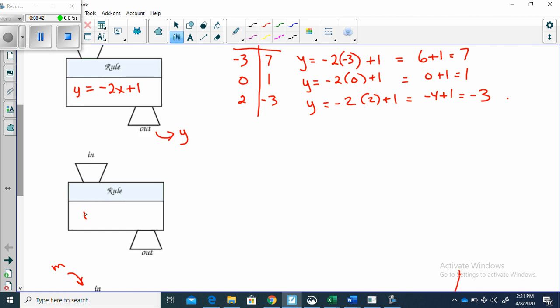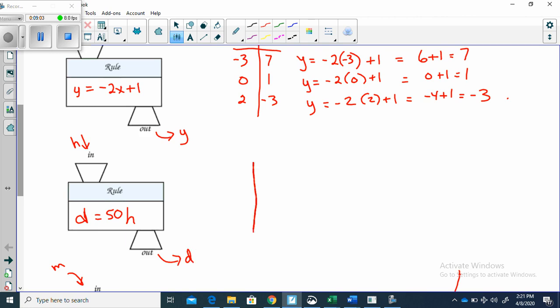Well, if our equation is distance is equal to 50 miles per hour, see, that's our rate, our unit rate, or our rate of change, you could call it, 50 miles per hour times the number of hours. Okay, so we'd be inputting our hours, and we would be outputting the distance that we had traveled.